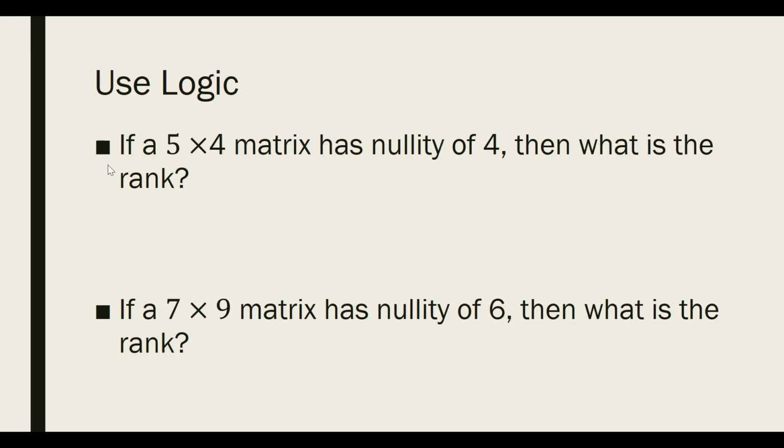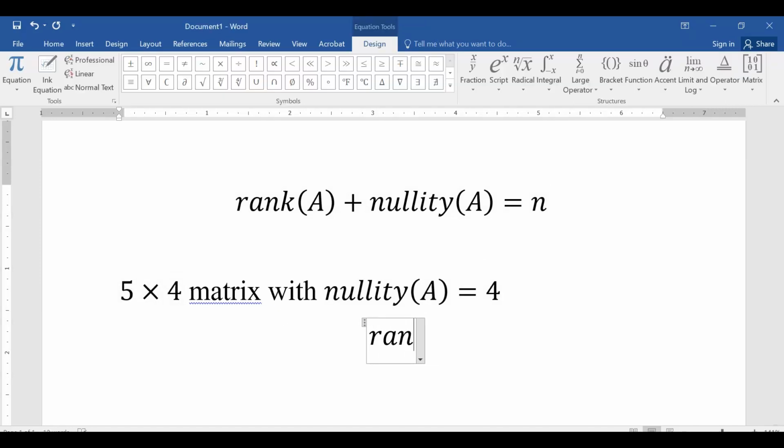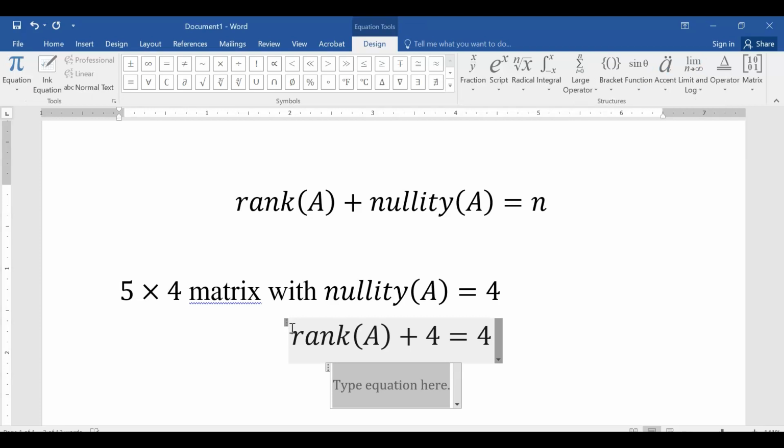For the first bullet, we have nullity of 4 for the matrix, and the matrix has 4 columns. So nullity is 4 and we have 4 columns. So what we would say is the rank of A plus nullity 4 equals the number of columns, which is 4, which means that in this problem, the rank of my matrix has to be 0.